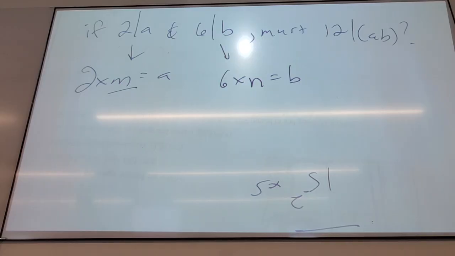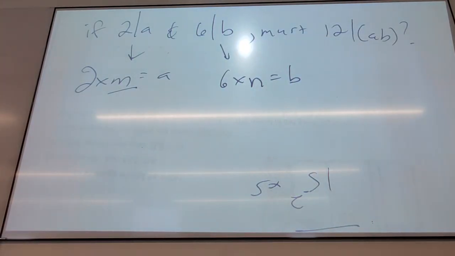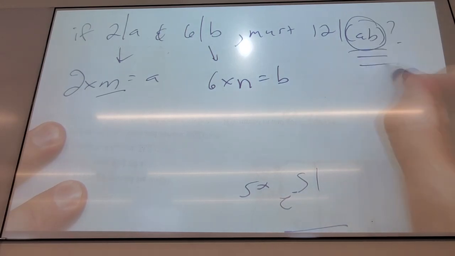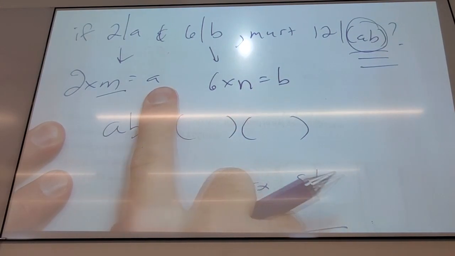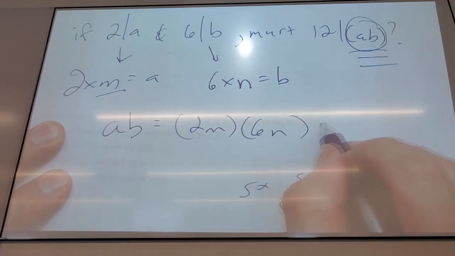So what did I say? A equals 2 times M. And what's B? 6 times N. And we're investigating what? So what's A times B? A is 2M, and B is 6N.